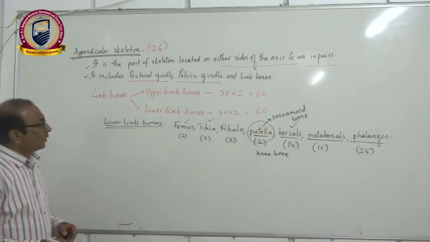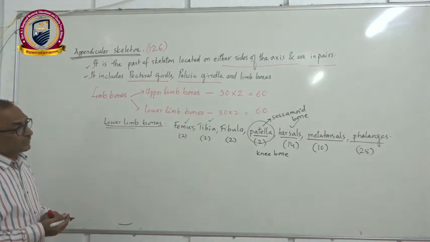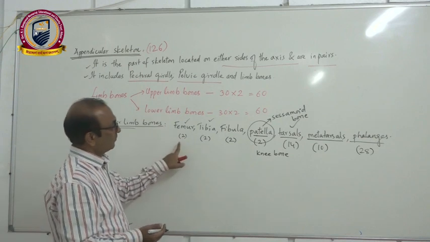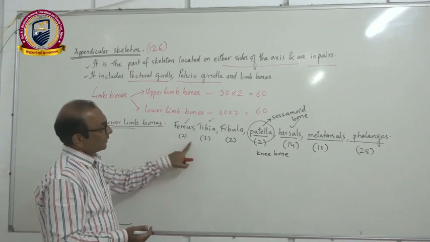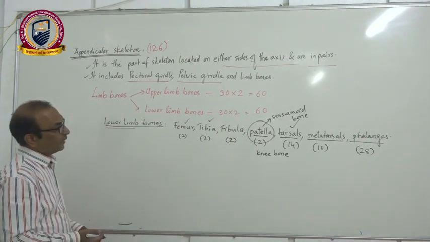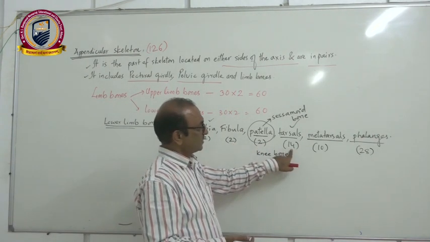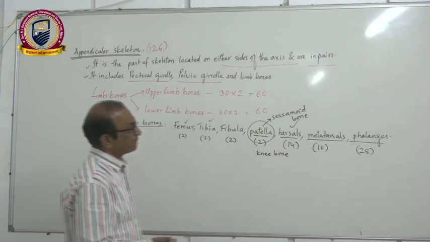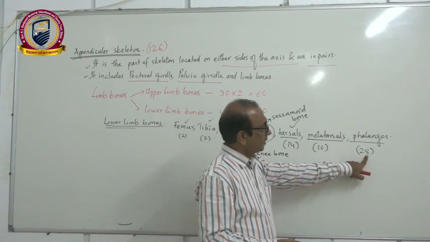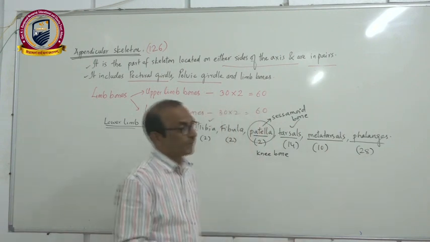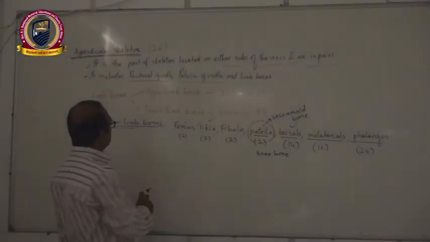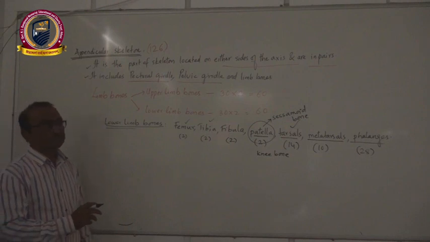So in both the limbs, the total number of bones, if you take up, will be 60. 2, 2, 2 and 2 here. 8 plus 14, that is 22, 30, 40, 50 and 60. So total number of bones in 2 lower limbs.